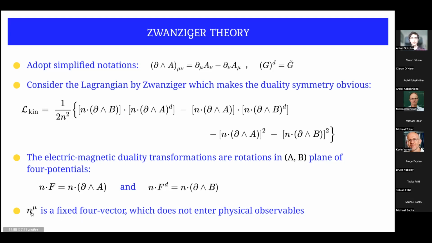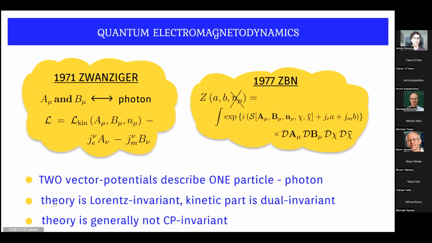It seems that the theory then violates Lorentz invariance, but really it does not. It turns out this four-vector does not enter any physical observable. Let me discuss in a bit more detail.